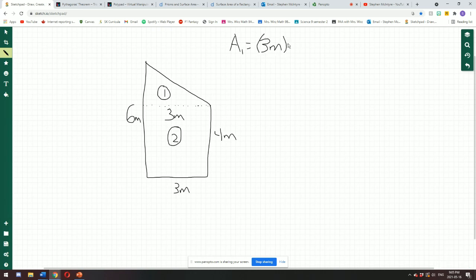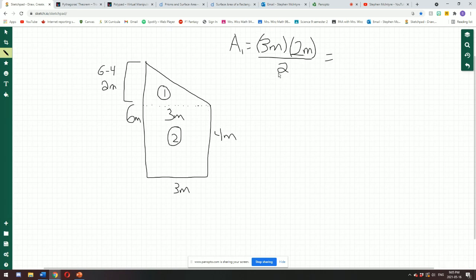Base times the height of the triangle, which we know is, this whole side is 6 meters, and this is 4 meters. So this side is going to be 6 minus 4 meters, which gives us 2 meters. So we'll have base times the height, 2 meters, divided by 2. That is our formula for finding the area of this top triangle.